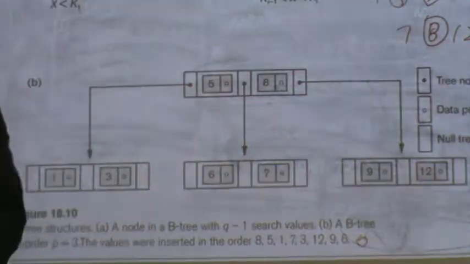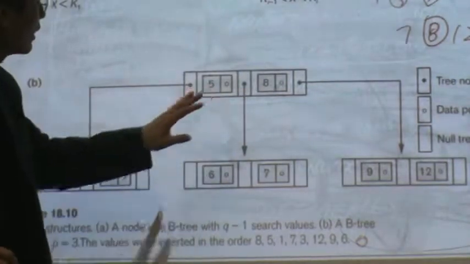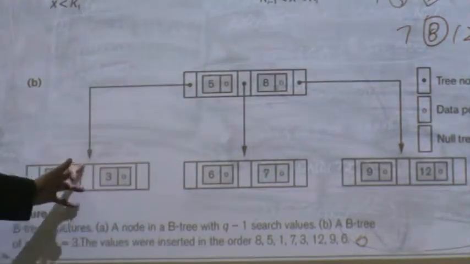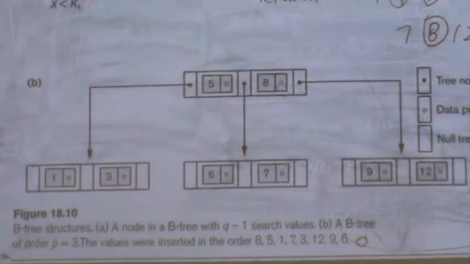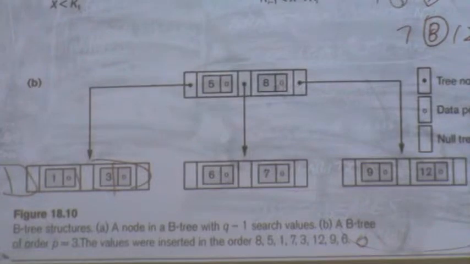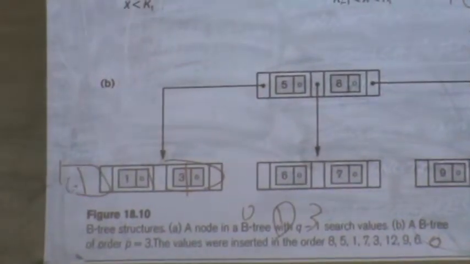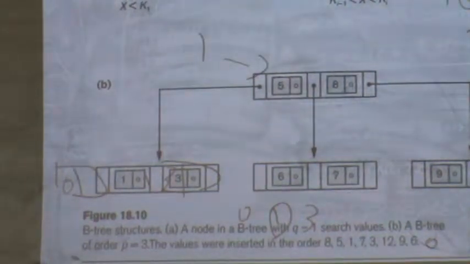If the 0 is inserted, the same procedure. 0 is less than 5, goes here, so no space. So always split into 2. And we have 0, 1, 3. 1 is the middle value, so 0 and 3 stay here, and the 1 will be inserted.